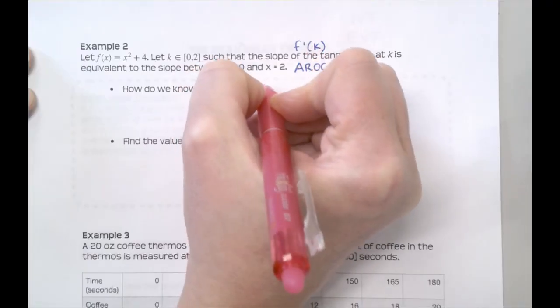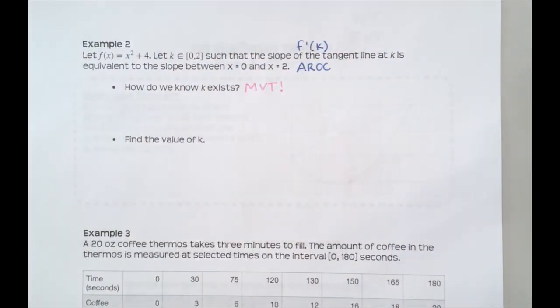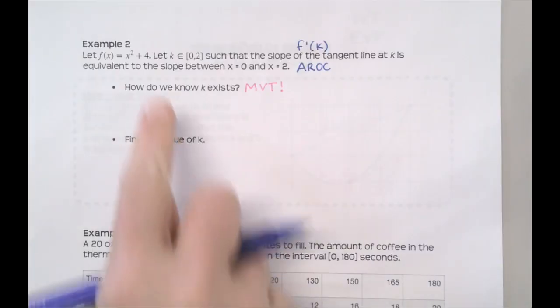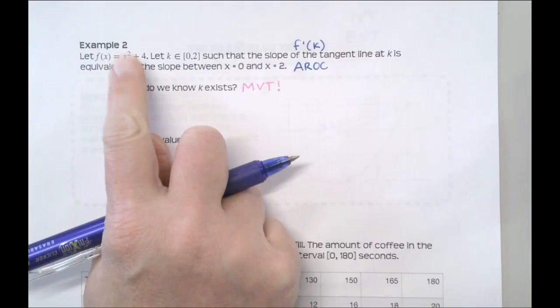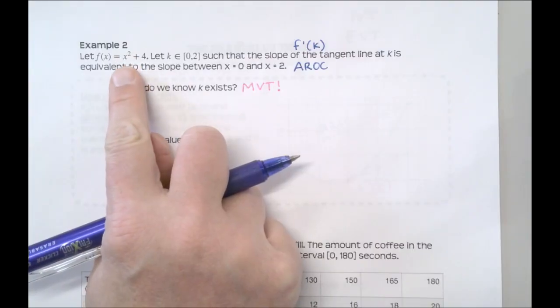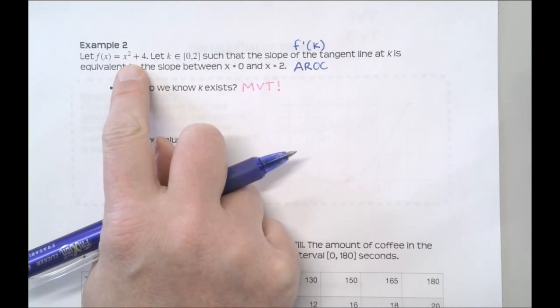The mean value theorem. Now, what do we have to know about the function in order to use the mean value theorem? We have to know that this function is continuous and differentiable. So, talking about continuity, this function doesn't have any place where we could even have a discontinuity, right? Look out for those denominators being 0 or asymptotes, anything like that. So this is a continuous function.